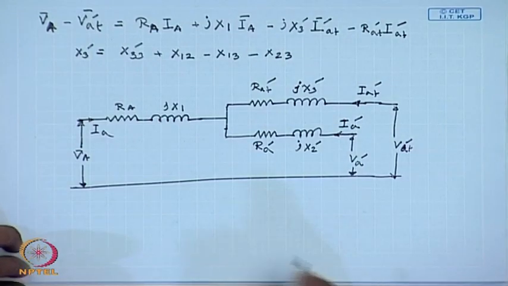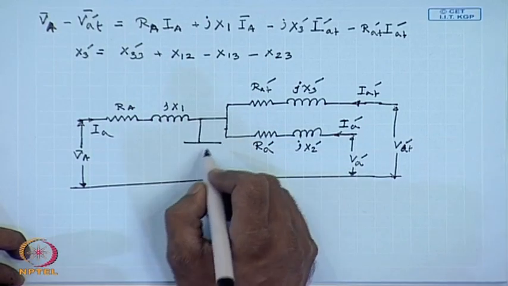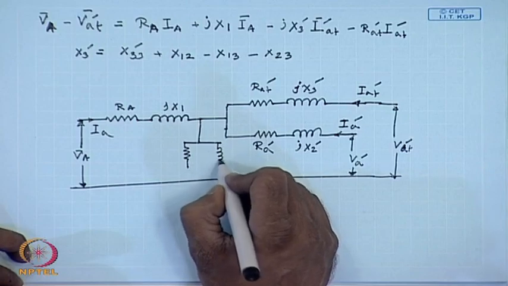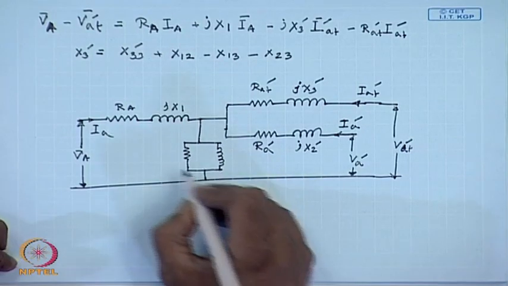This circuit is completed by putting a magnetization branch just like a 2 winding transformer, also referred to the high voltage side.